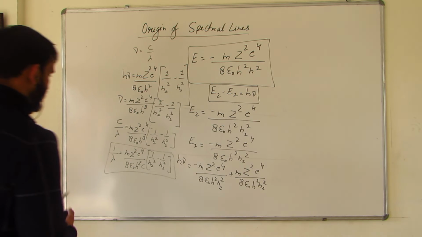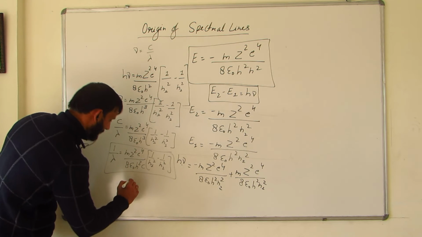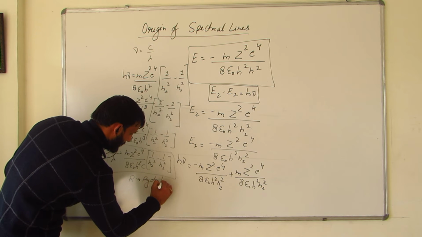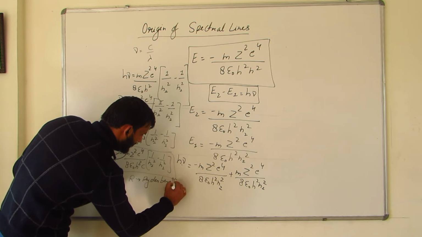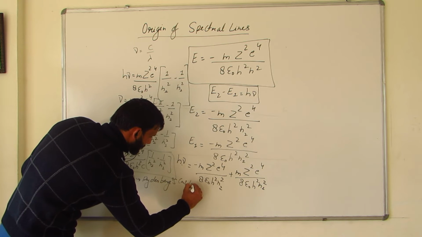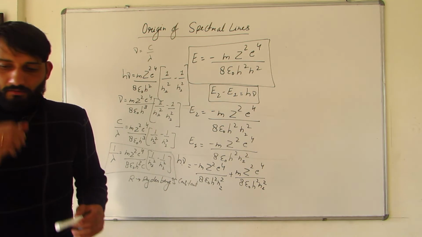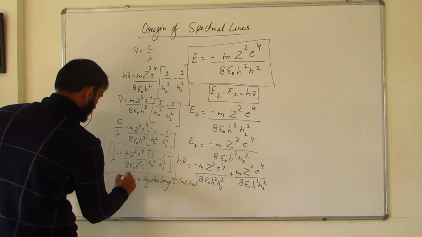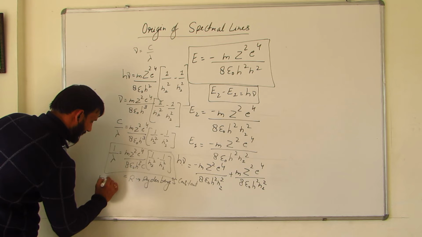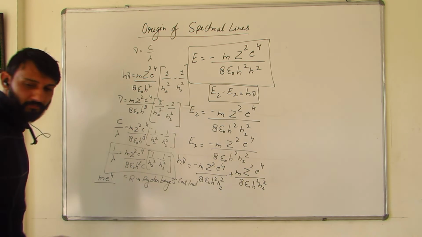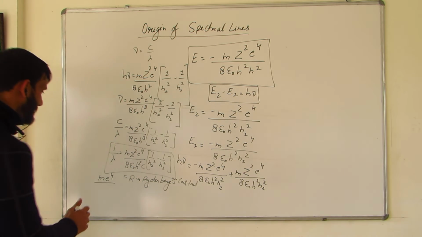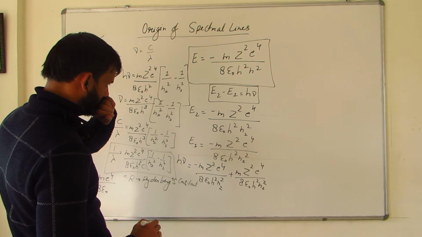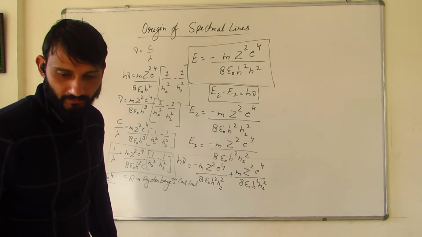and the constant would be R, which is Rydberg's constant, and its value is R is equal to m e4 upon 8 epsilon naught square h cube c.